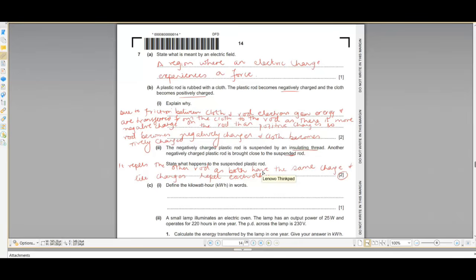So basically, 1 kilowatt hour is the electrical energy consumed when a device of power 1 kilowatt is operated for 1 hour.